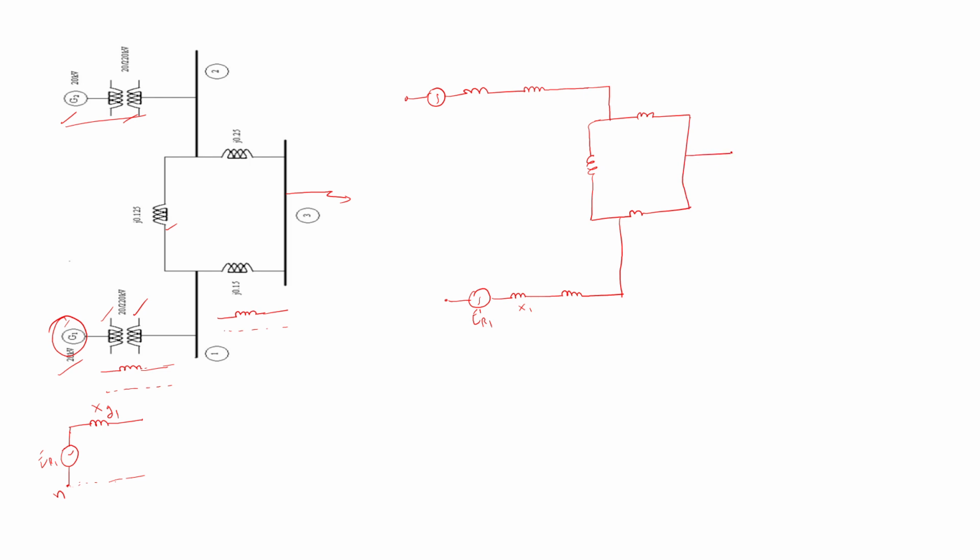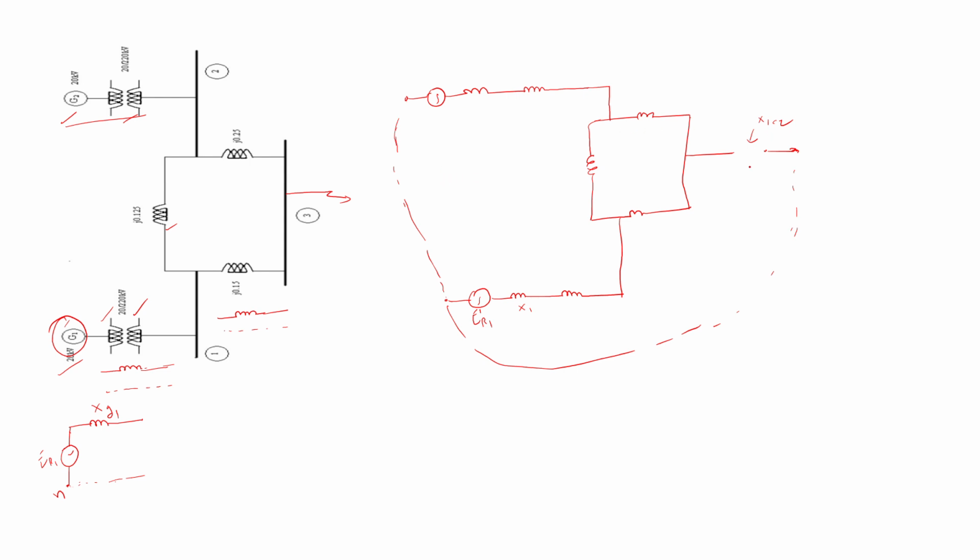Here the fault has occurred, which means we need to calculate x1 equivalent here. This is the neutral point and here also we have a neutral point because it is the positive sequence. Neutral point means all these are connected, with the dotted line. So we need to calculate here.